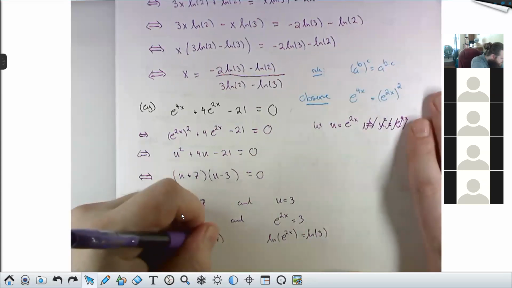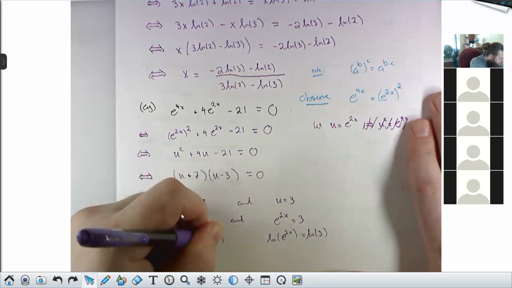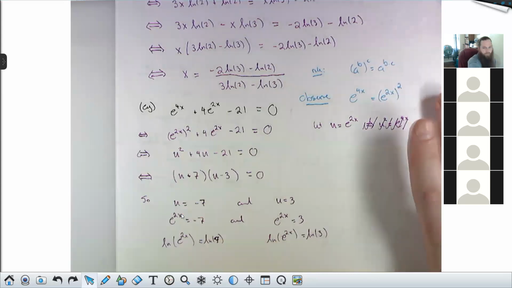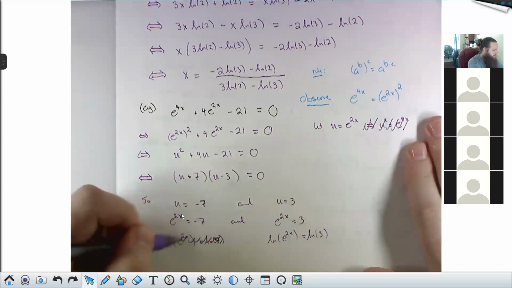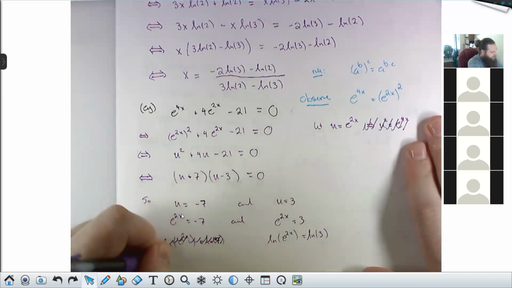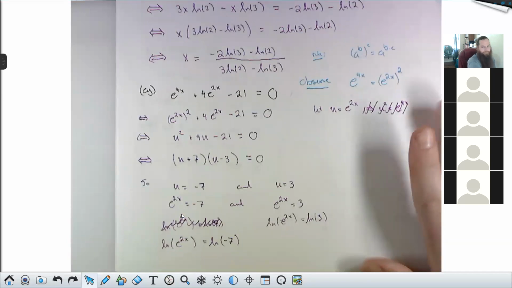Oh, you can't see that negative in there, can you? Yeah, it's -7. Let me rewrite this line because this is a sticking point. So here we'd have ln of e to the 2x equals the ln of, make that real clear, that's a -7.